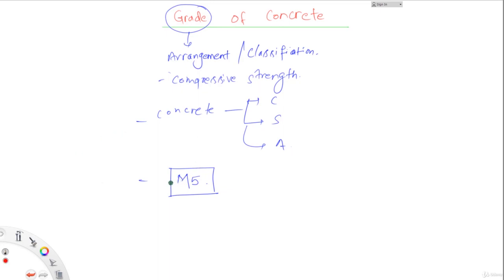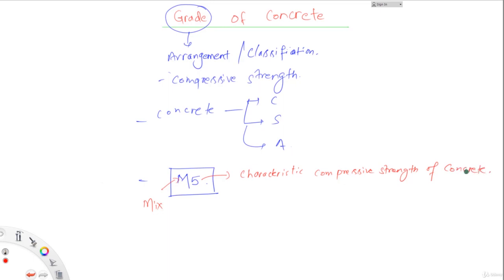Now what is this M? M here represents the mix, because we are mixing cement, sand and aggregate to get this concrete. And 5 here represents the characteristic compressive strength of concrete.